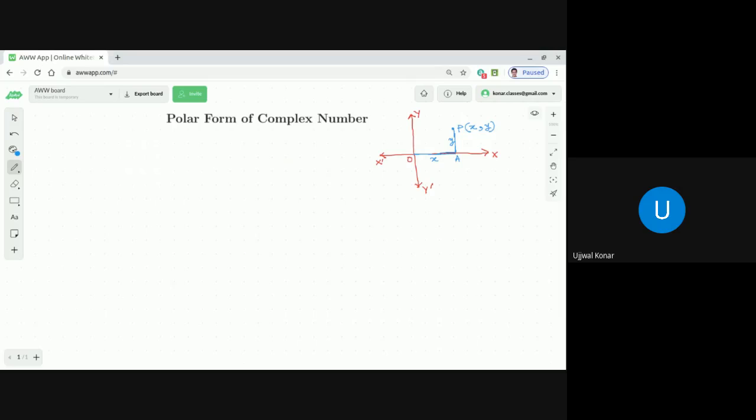One is the x-axis, that is X'OX, and the other one is the y-axis, Y'OY. With respect to these mutually perpendicular axes, we can represent a point in the plane uniquely, and that is why it is called the coordinate.